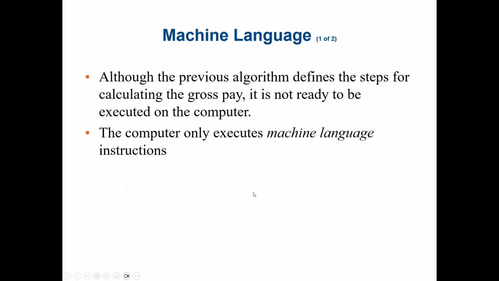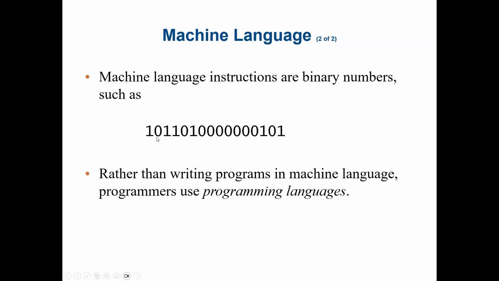Machine language instructions are normally the binary numbers 0 and 1s. A computer CPU can only process instructions written in machine language. If you were to look at a machine language program, you would see a stream of binary numbers, for example, 10110.